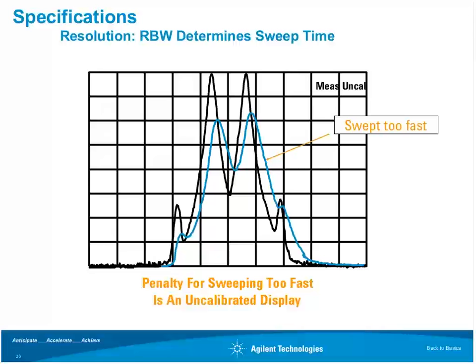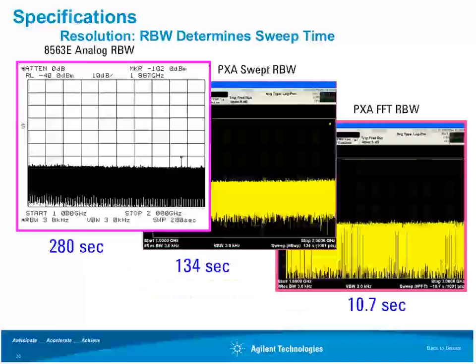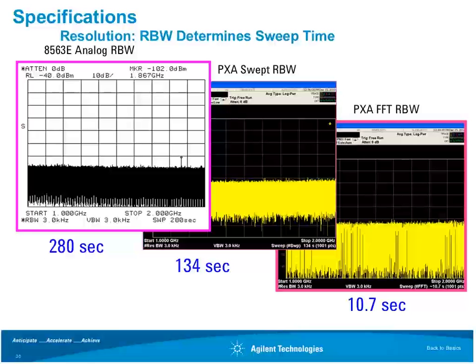If you try to sweep a narrow filter too quickly, you lose amplitude and you get frequency pulling, because you're just trying to sweep through that filter too fast and it doesn't even have time to fully charge. That's why you want to use a narrow enough filter to resolve the signals, but not too narrow to slow down your measurement too much.